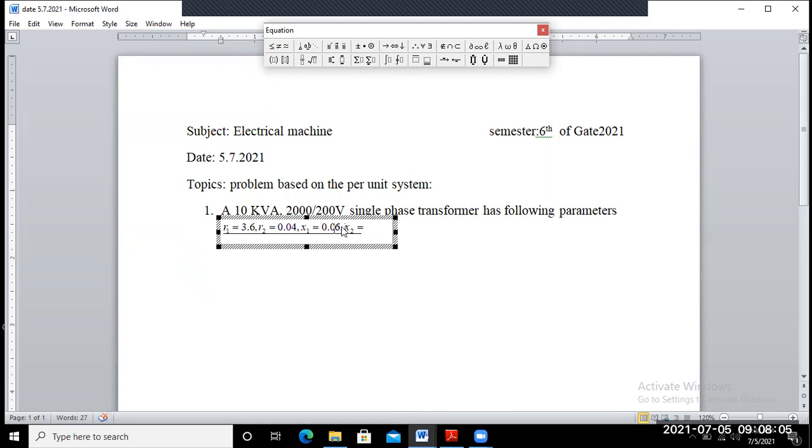X1 equal to 5.2 ohm and X2 equal to 0.056 ohm.